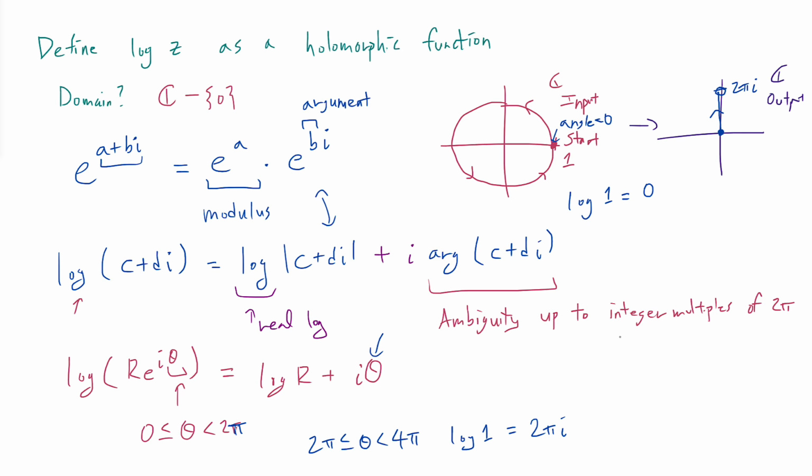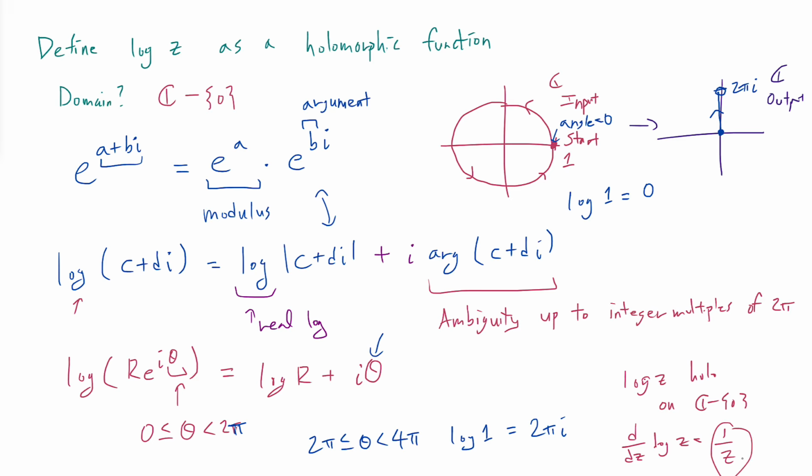And in fact, another way to think about this is if it was possible for log of z to be holomorphic on C minus 0, then I'm fairly sure that log of z, when you differentiate it, because it's the inverse of an exponential function, needs to be 1 over z. So 1 over z would have an antiderivative.